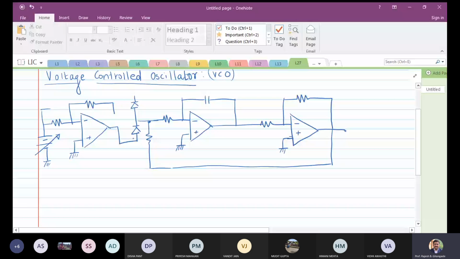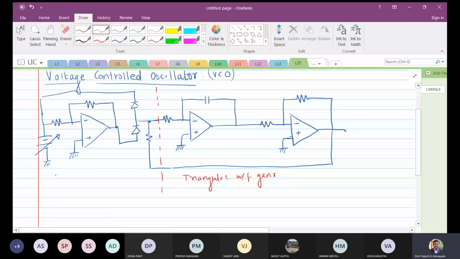And this is called a voltage controlled taper.